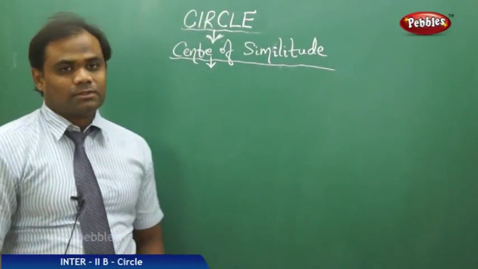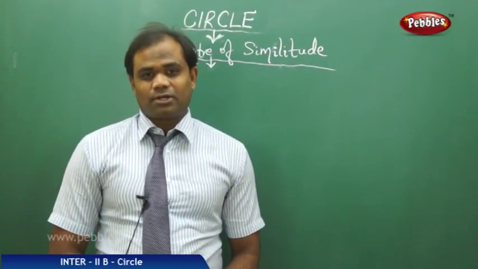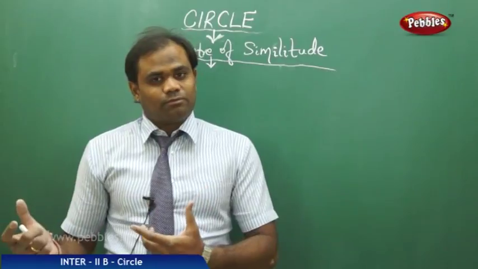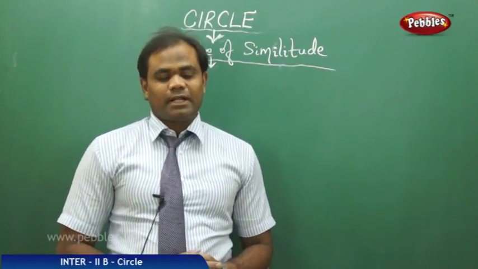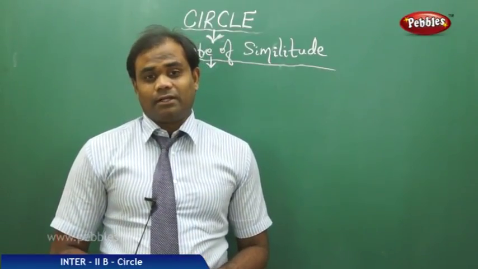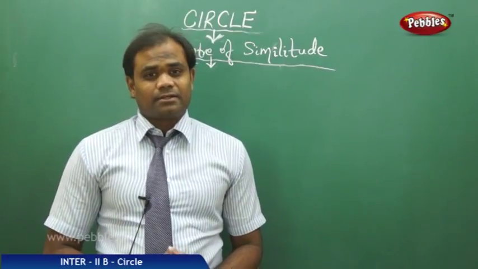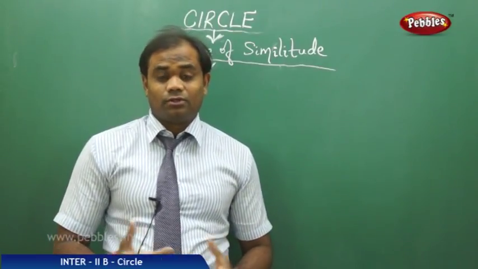Center of similitude. Now that we have discussed the common tangents for the three types of possibilities of circles: touching, intersecting and disjoint, let's connect the center of similitude with those three cases.